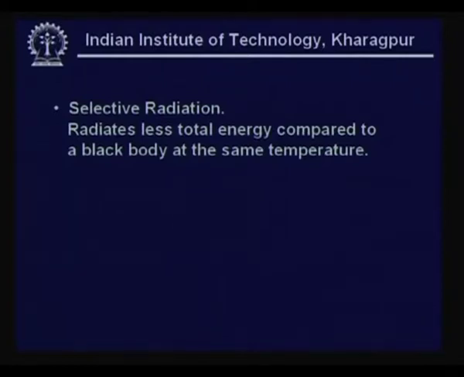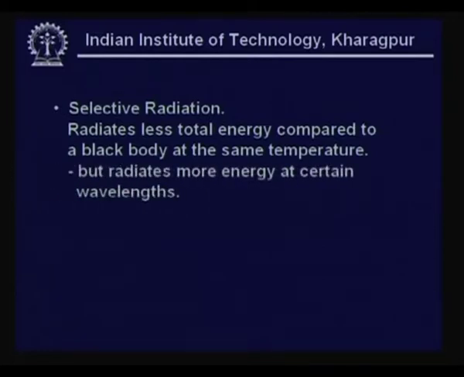Selective radiation means it radiates less total energy compared to a black body at the same temperature, but it does radiate more energy at certain wavelengths. See, a gray body reflects a certain percentage of light at all lambdas.